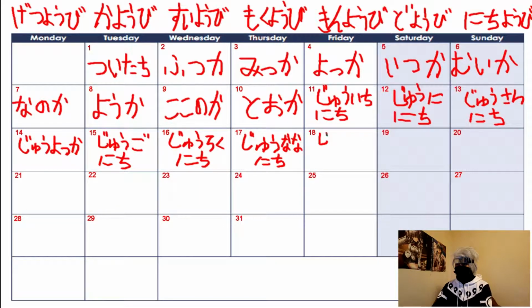Next, 18. 18 nichi. How about 19? That's 19 nichi. 19日. So 20 is special.